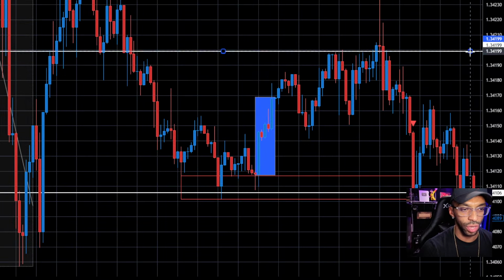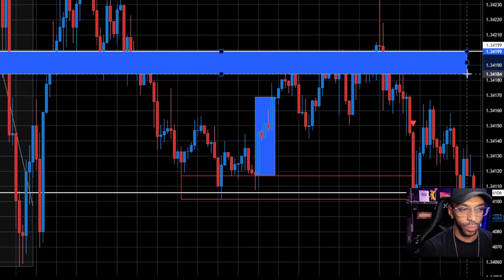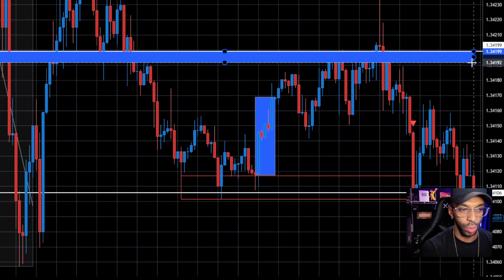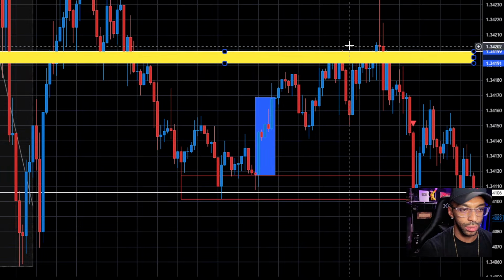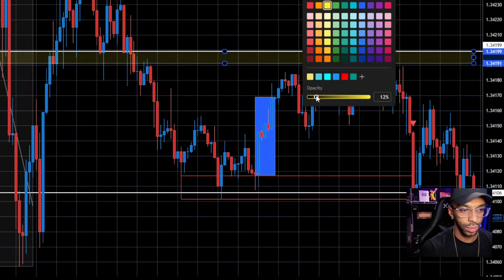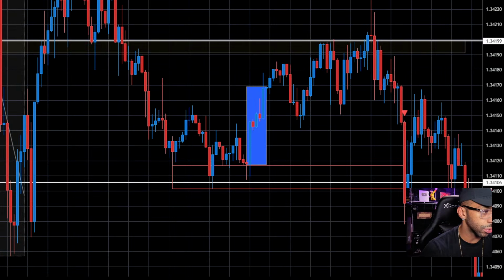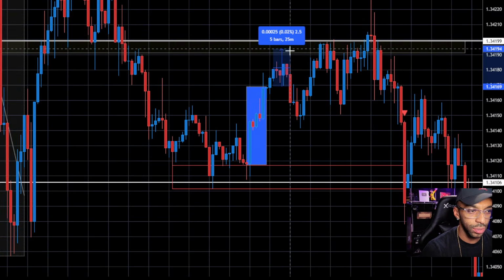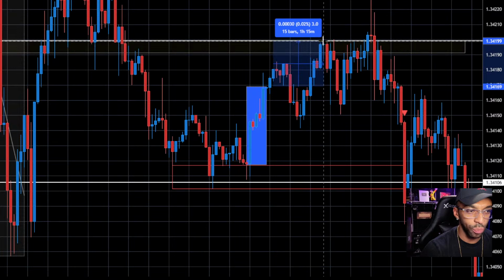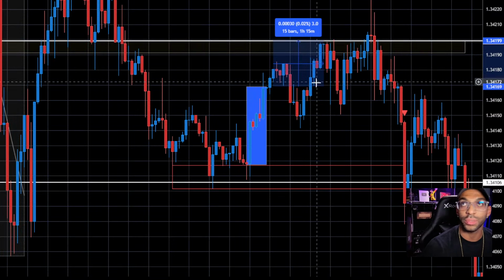So if we're looking at the zone, the zoned out area will probably be somewhere around here. Okay, so it'll be somewhere around here. So we're looking from the top of this candle, and again, we're just using our imagination here. From the top of this candle to here, it's only about 2 pips. To the top of this area, this resistance, it's only 3 pips.